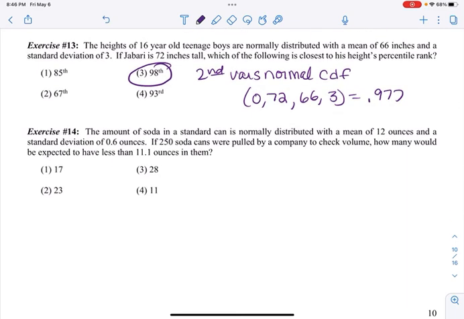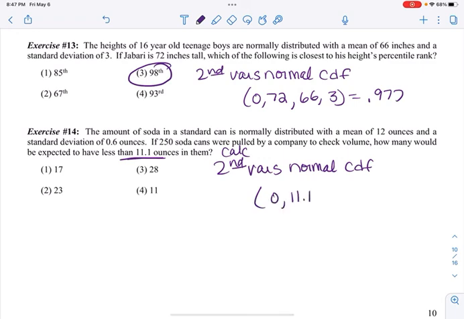Soda in a soda can is normally distributed with a mean of 12 and a standard deviation of 0.6. If 250 soda cans were pulled by a company to check the volume, how many would be expected to have less than 11.1 ounces? So that's going to be the upper score. So calc, second, vars, and I'm putting in 0 as the lower, 11.1 as the upper, the mean is 12, standard deviation is 0.6.